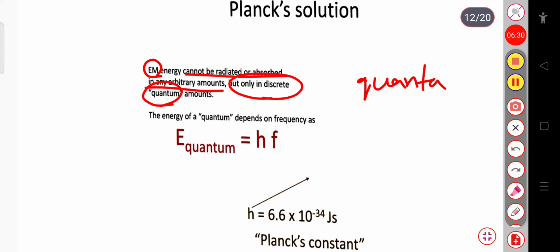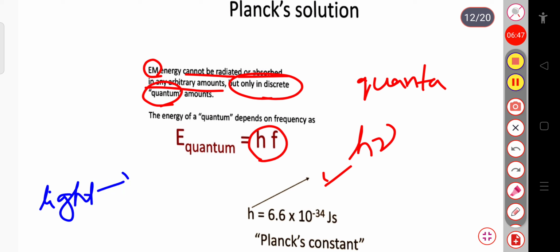This energy is hf, or we simply write it as h nu, where h is Planck's constant. On the basis of this quantum theory, Planck considered that light has a dual form: it sometimes behaves like a wave and sometimes like a particle.